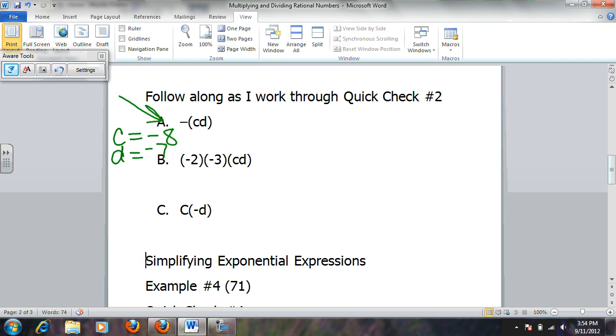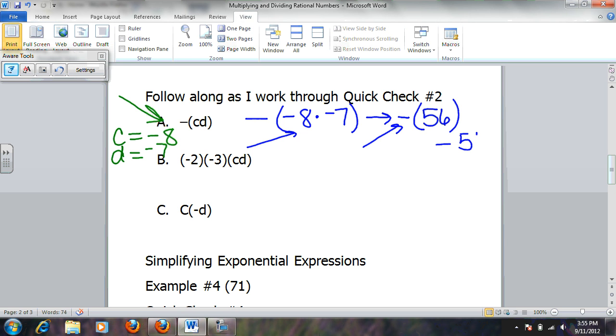Now I need to substitute in these values. The opposite of negative 8 times negative 7. Negative 8 times negative 7 is positive 56. The opposite of 56 is negative 56. That would be the answer.